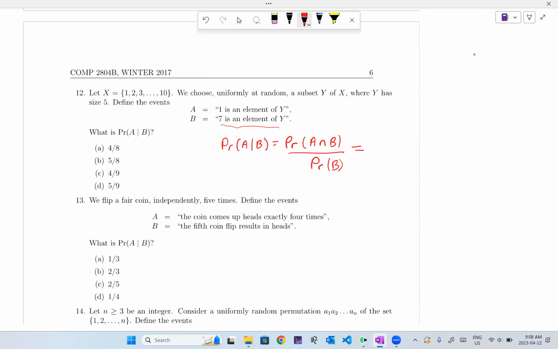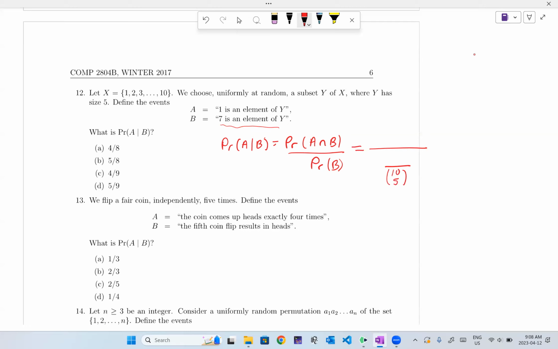So I have one way to choose that. First of all, all the subsets of size 5 from a set of size 10 is 10 choose 5, although this will cancel out. So the probability of B is the size of B over 10 choose 5.